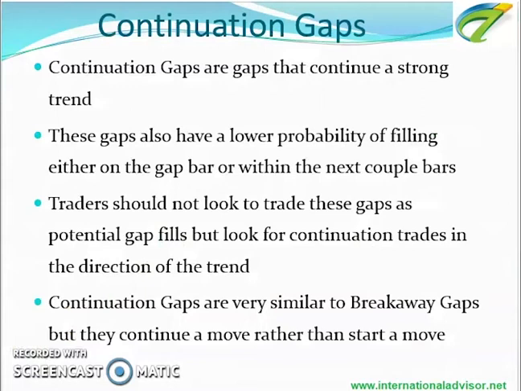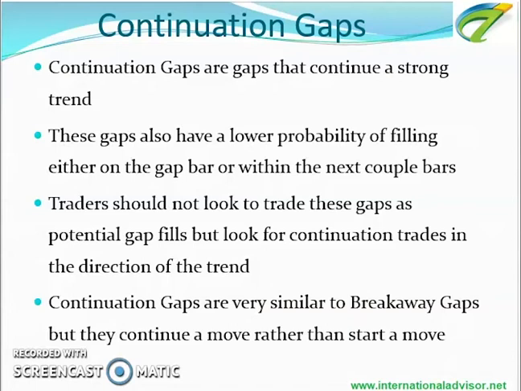Continuation gap. Continuation gaps are the gaps that continue a strong trend. These gaps also have a lower probability of filling either on the gap bar or within the next couple of bars. Traders should not look to trade these gaps as potential gap fills, but look for continuation trades in the direction of the trend.